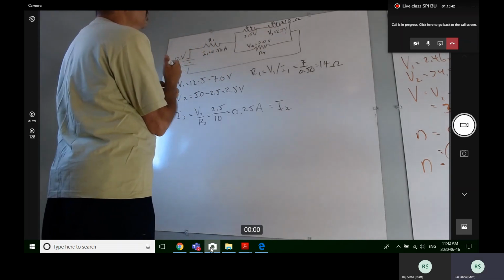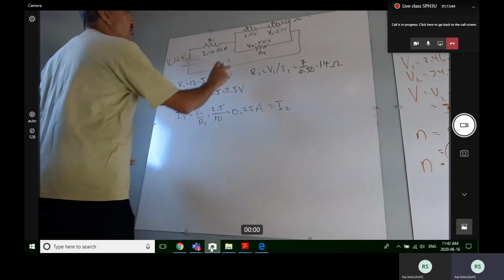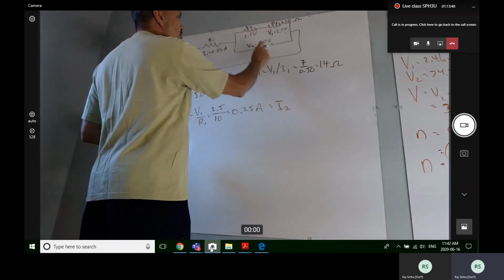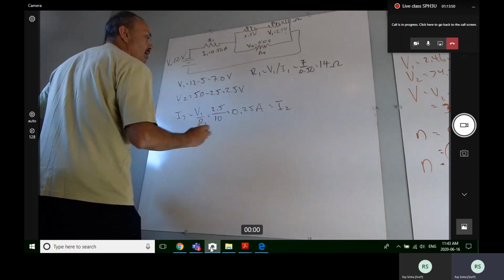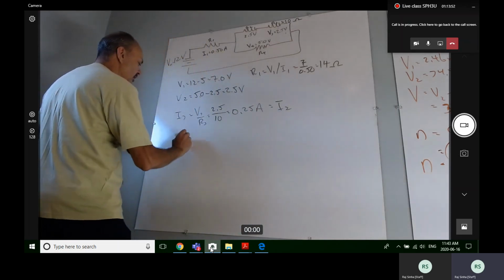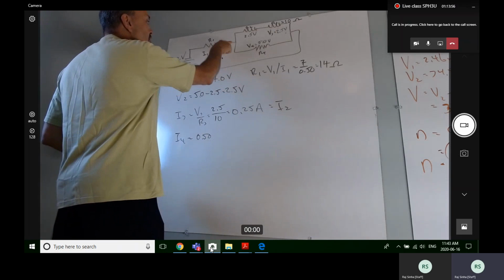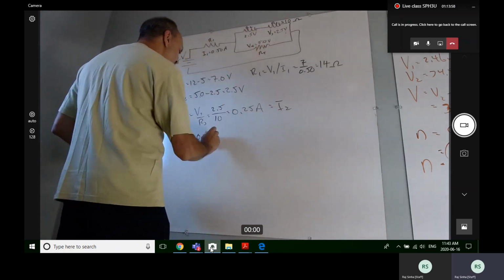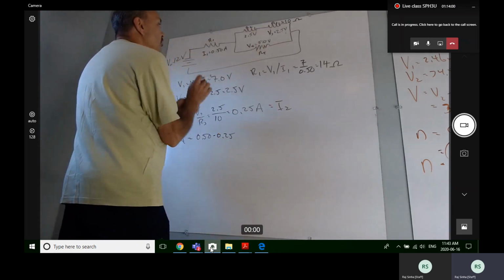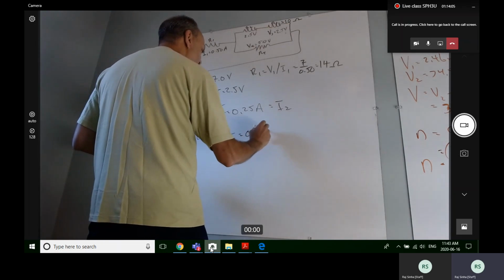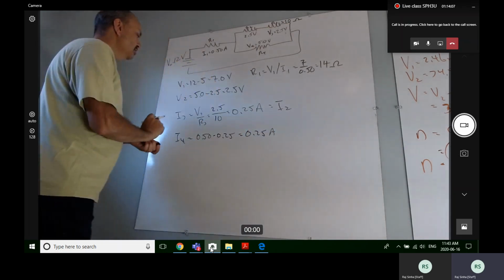If I know the current going this way is 0.25 amps, and it was 0.5 coming to here, 0.25 amps had to go through this way. So I4 is going to be my 0.5 that got to the junction, minus the 0.25 that went through the top line. So my I4 is now going to be 0.25 amps also.